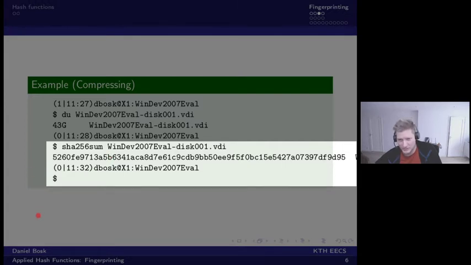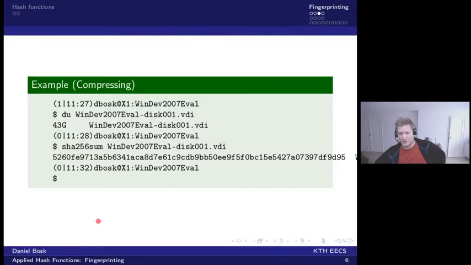So we can be fairly confident that we can use this string as a fingerprint, a sort of short unique identifier for this particular disk image. And if anything changes in this disk image, then this fingerprint will also change, so we know that it's modified.